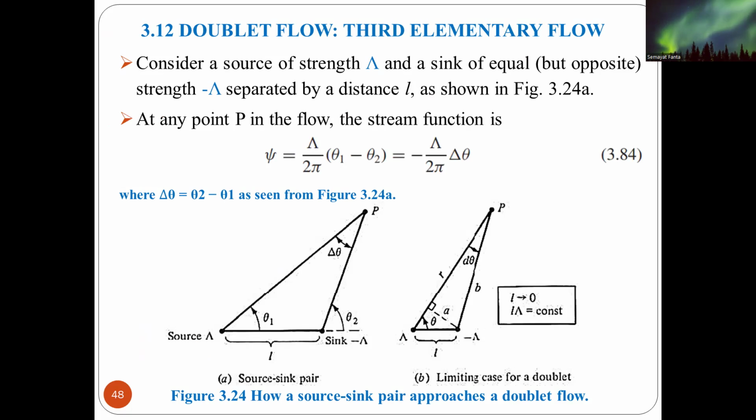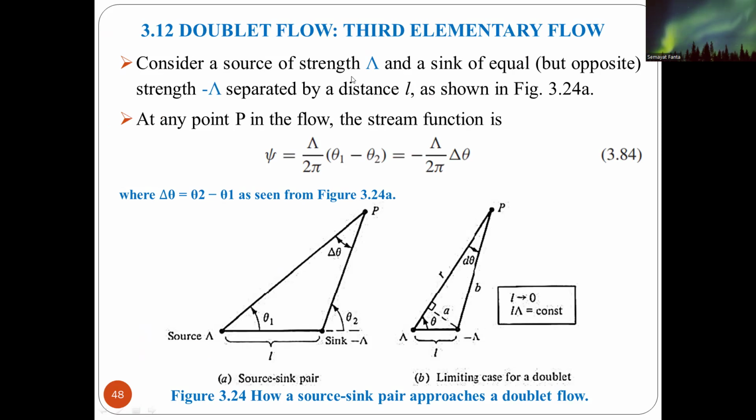Another flow type is doublet flow, that is what we call the third elementary flow type. So consider a source of given strength, and a sink of equal but opposite strength.